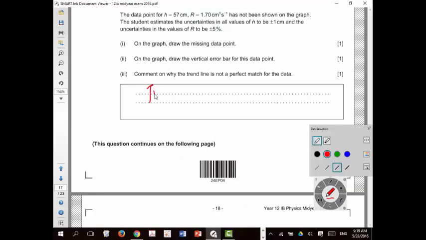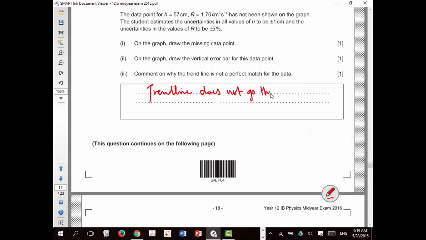So we can say the trend line does not go through the error bars of all data points. And that was only one mark. Okay.